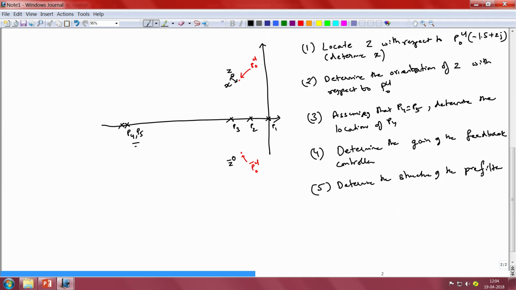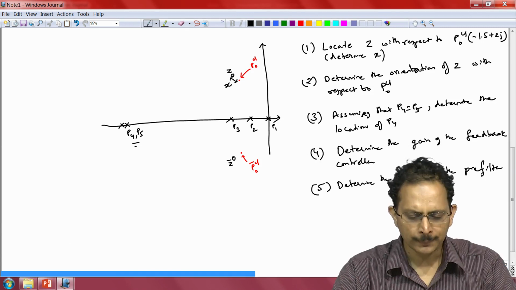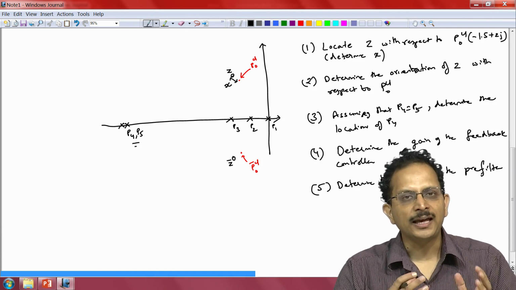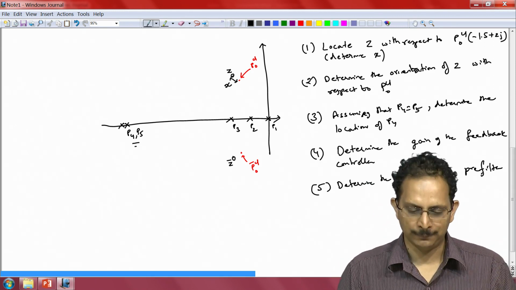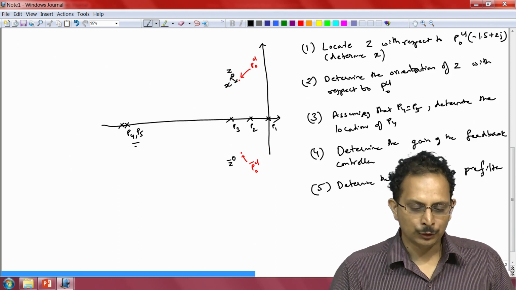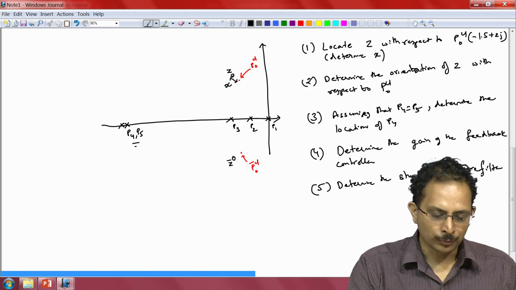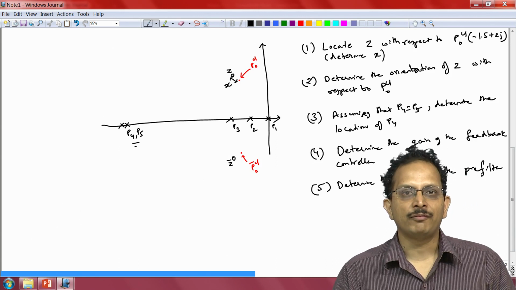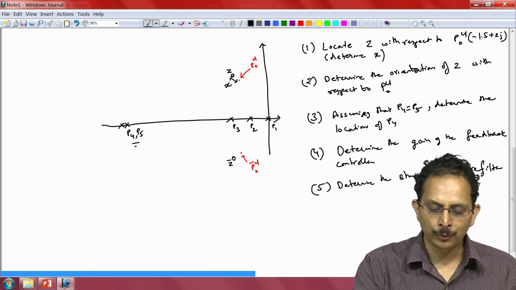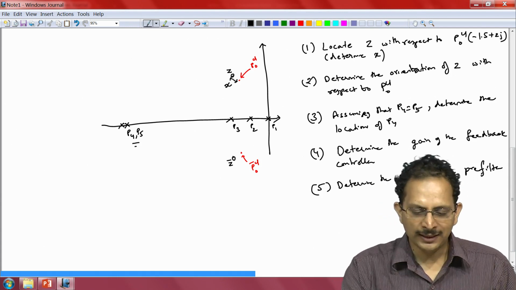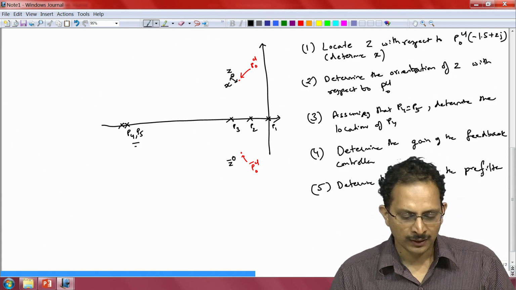When we come to the second step here, determination of the orientation of z with respect to PCL naught, you will notice that we can directly borrow the steps that we adopted from the previous example. So in the previous example, to remind you, we assumed that the points P4 and P5 are very far away from the origin, and we assumed therefore that they do not contribute significantly to the angle at the point PCL naught.